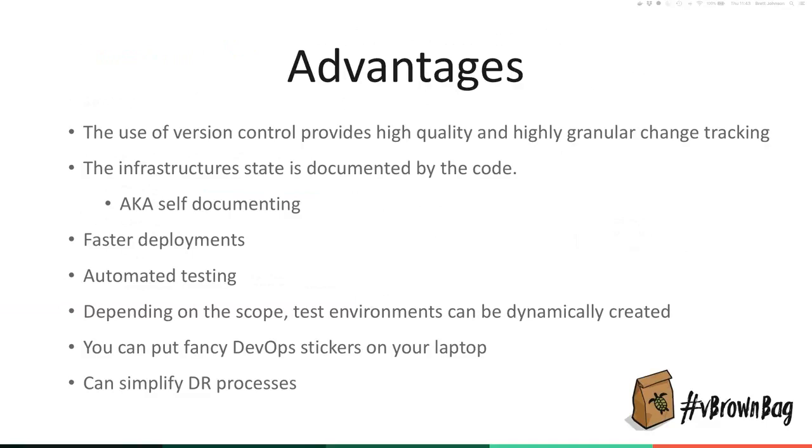I'm not a big fan of that term, to be honest. I don't think self-documenting is a great term, and it also has a lot of misrepresentation. But the idea behind self-documenting is that what's written in the code is what happens. Obviously, bugs sometimes don't exactly allow that.